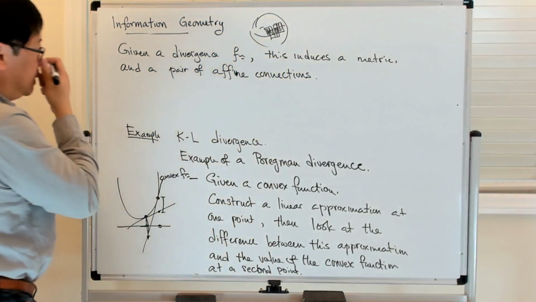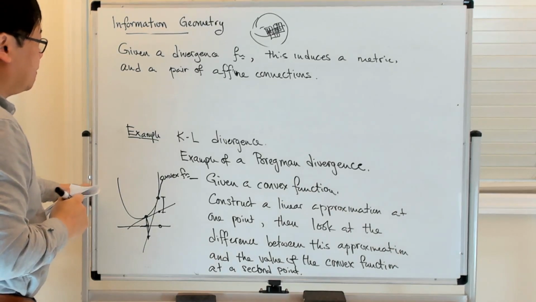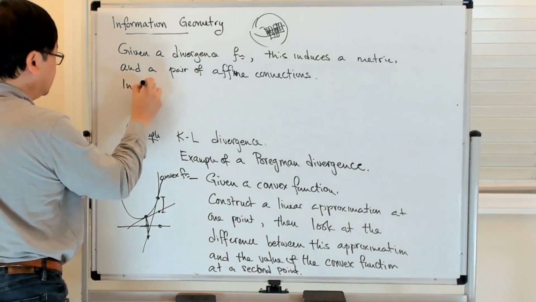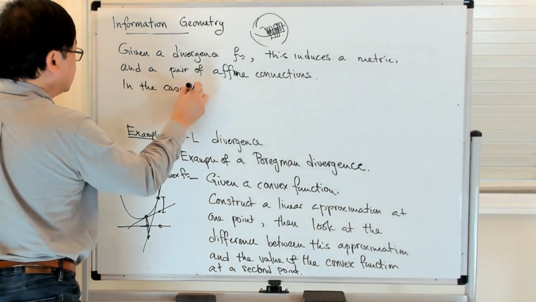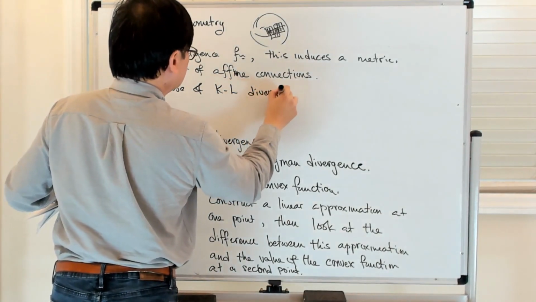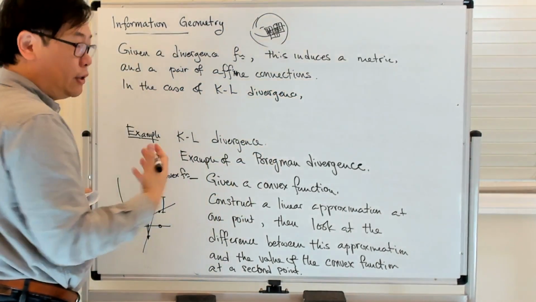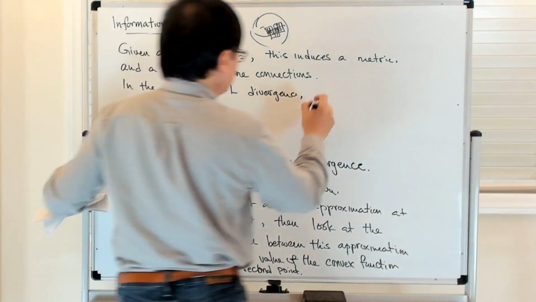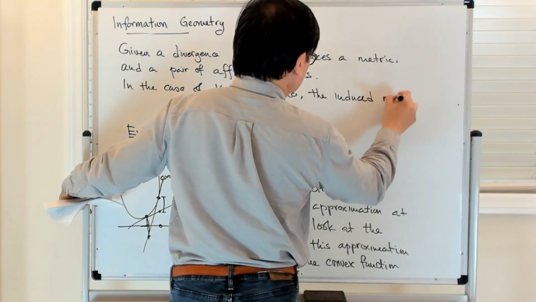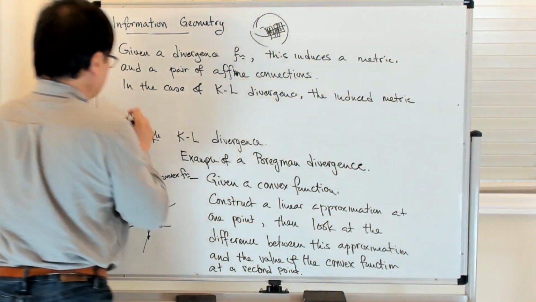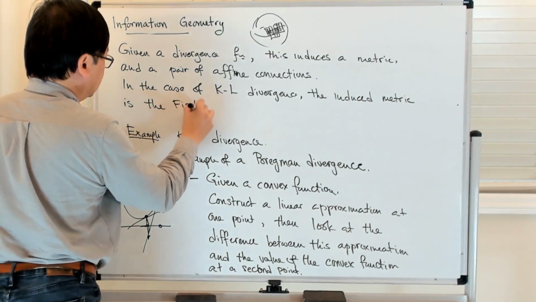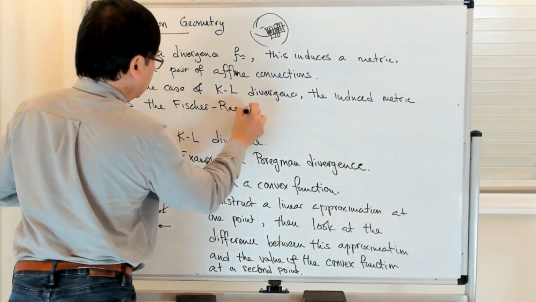Okay. All right. Yeah. So in the case of KL divergence, the induced metric from this divergence is the Fisher-Rao metric.